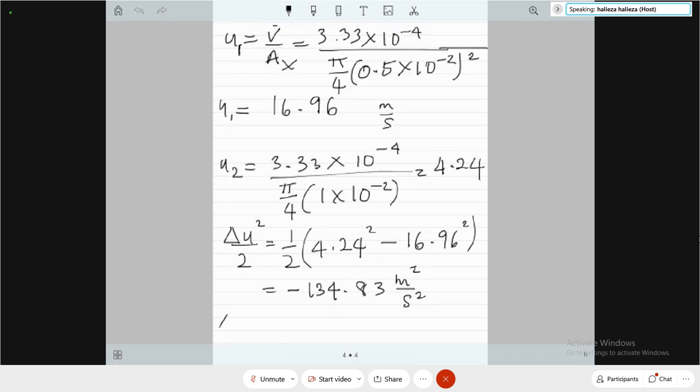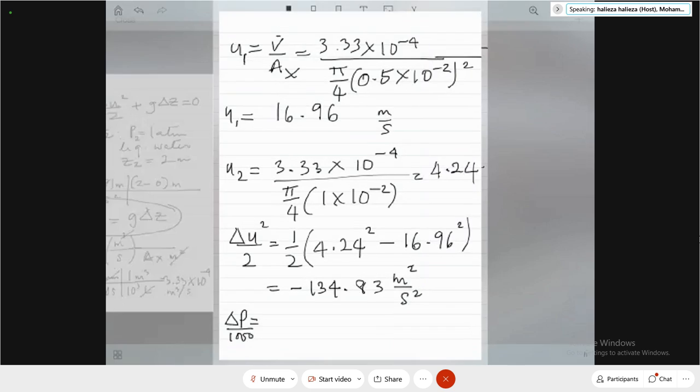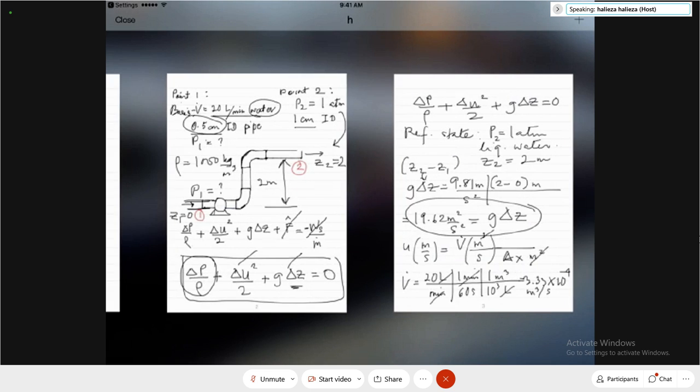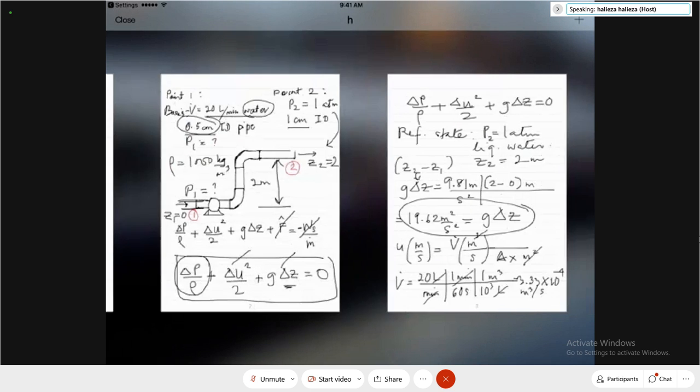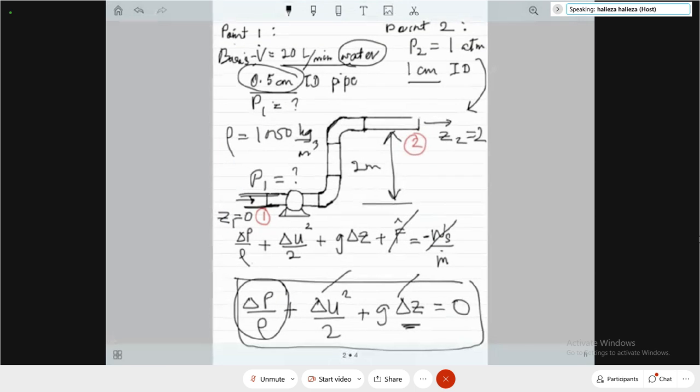The difference in pressure is equal to the density of water, 1000, times your, if you bring the whole equation to one side, you bring this whole thing to the other side, then you will be able to solve for the pressure difference. So let's do that.